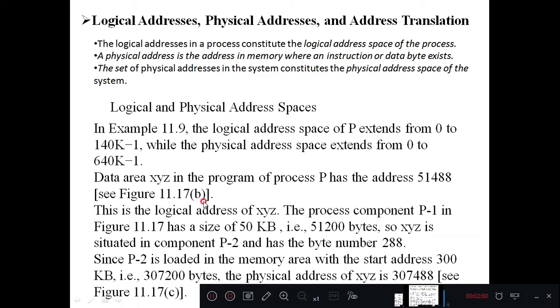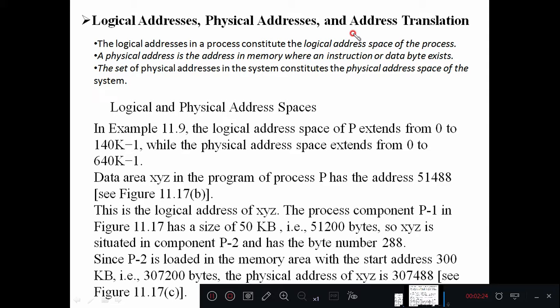In today's class we will see what is logical address, what is physical address, and how the addresses are going to be translated from logical to physical. Whatever program or process we store is always stored in logical memory, but the actual program and process are stored in physical memory.